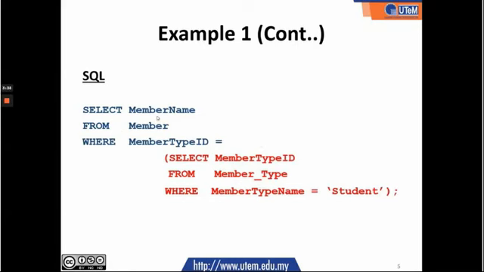This outer query will get the member names from the member tables that have a member type ID number 2. There are 2 students, Nur Ariana Farha and Muhammad Aryan Zafan, with member type ID 2. How do we construct a relational algebra statement for this SQL? Let's look at the next slide.